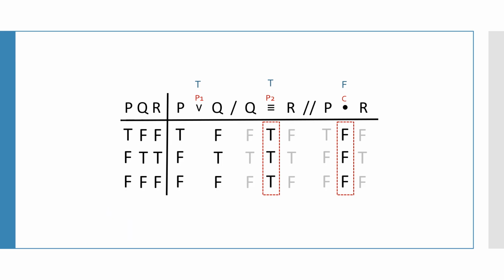So now that we know the truth value of all three of our terms, the only thing left to do is to solve for any operators that are left. And in this case, that just means premise 1, which is just a disjunction. So we can go look at premise 1 and figure out the truth value in each of these three different lines. So of course, notice if a disjunction is true to false, it's a true statement. If it's false to true, it would be a true statement.